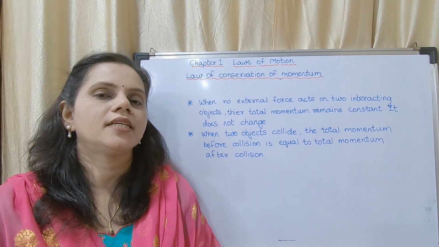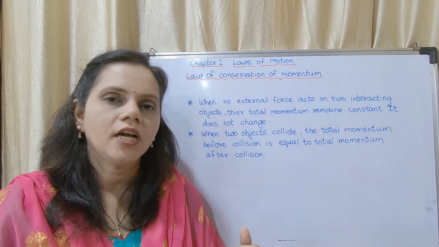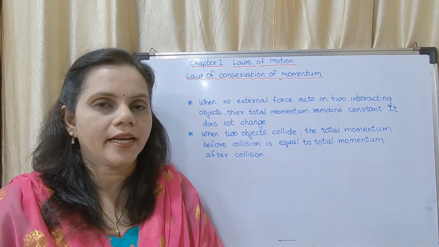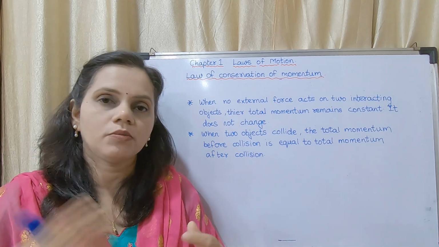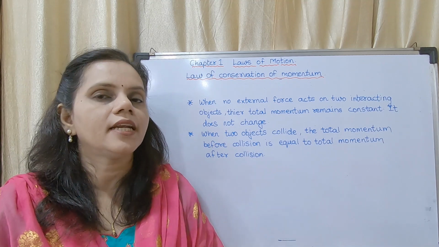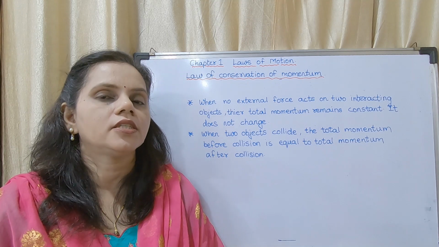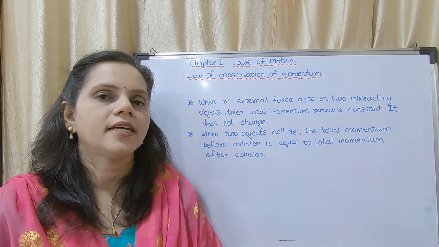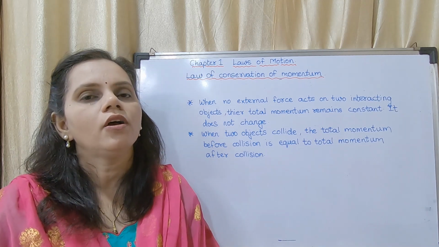When a bullet is fired from the gun, the bullet moves forward, but it exerts a force in the backward direction on the gun, and the gun moves backward, but it does not move that far as the bullet. It moves a little in the backward direction. The velocity with which the gun moves in the backward direction is called recoil velocity.